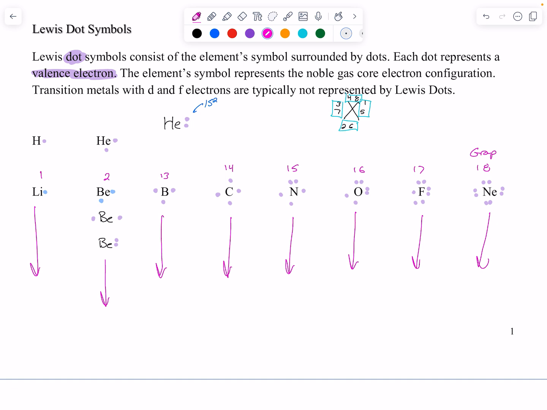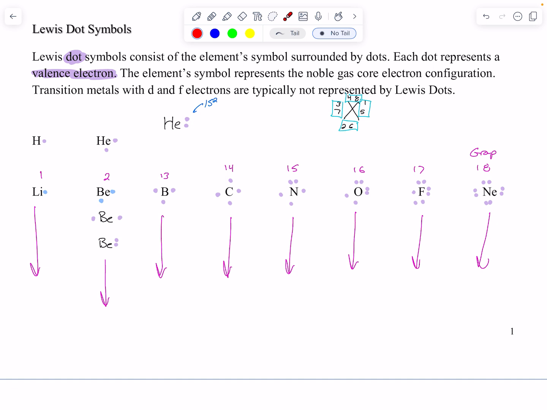Hopefully that makes sense. So nitrogen, 5 dots. Phosphorus, 5 dots. Arsenic, 5 dots, as you go down. The reason the 2 dots are on top of nitrogen here is because nitrogen makes 3 bonds, as we'll learn, and there's 2 dots on the top of what we call a trigonal pyramid. And so that's why it's that way.